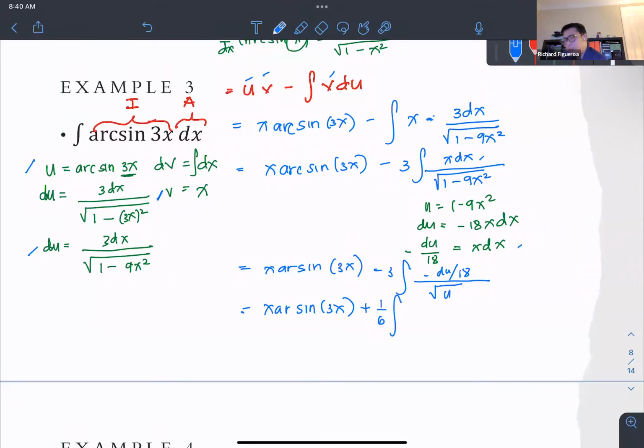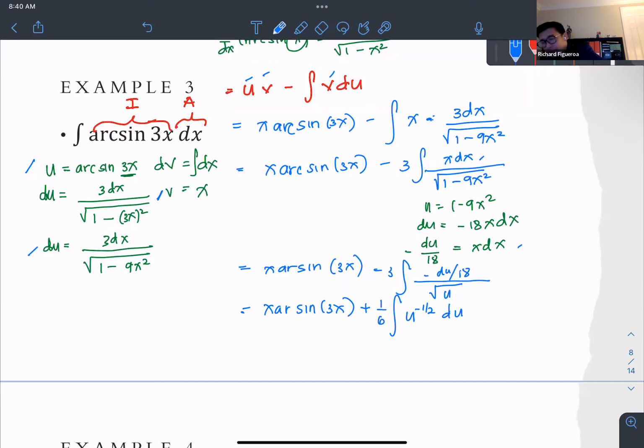And the integral of du over the square root of u. Kaya lang, since nasa baba yung square root of u, taas ko na lang siya. U raised to negative 1/2 du. Did you get that one?